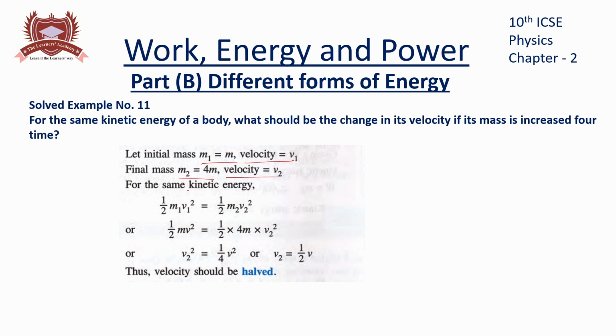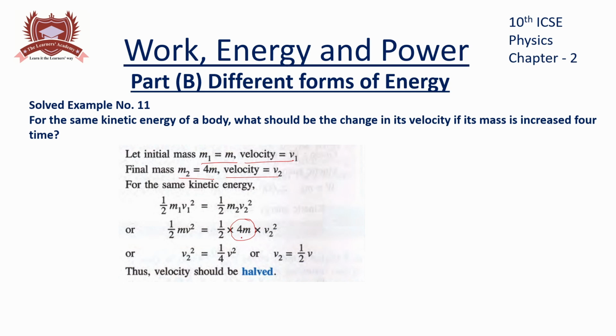Since the kinetic energy remains the same, half m1 v1 square should be equal to half m2 v2 square, giving half m v square equal to half times 4m times v2 square. The 4m goes on the other side, m gets cancelled, the 4 gets multiplied, and the 2 would also get multiplied there.